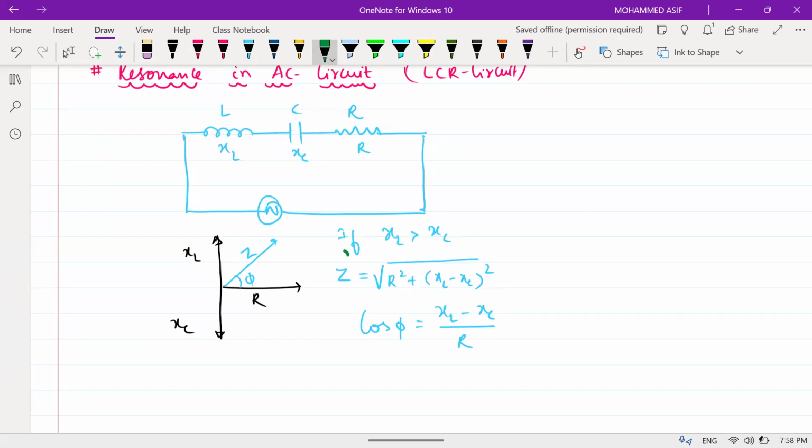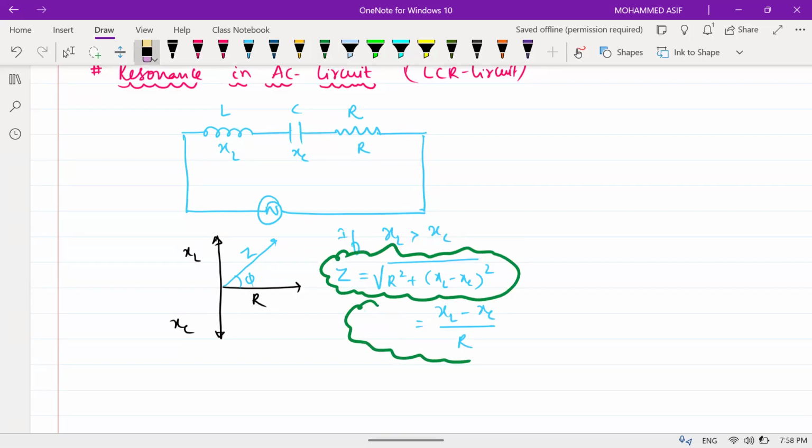This is the formula for your impedance, and this is tan phi, not cos phi. So tan phi will be (XL minus XC) divided by R. Clear?